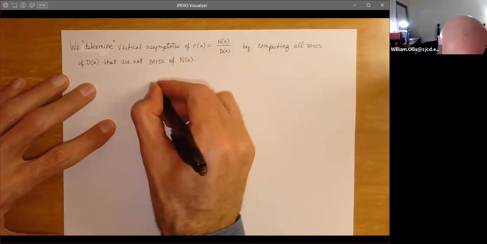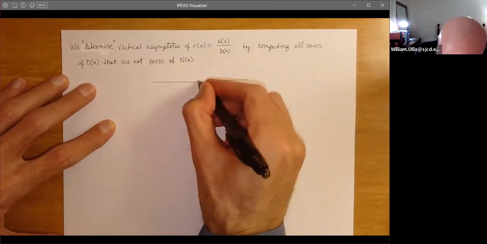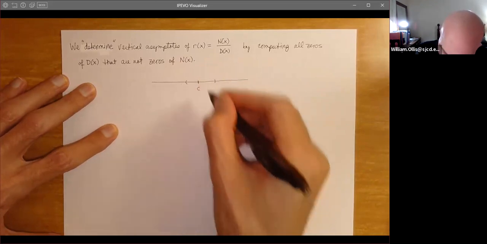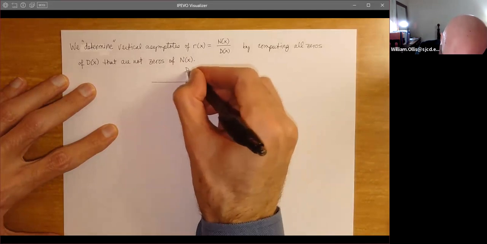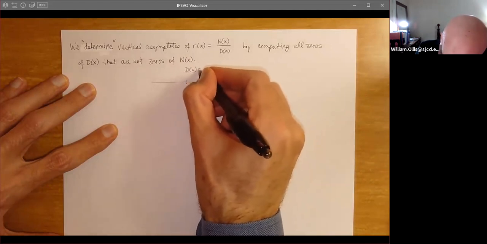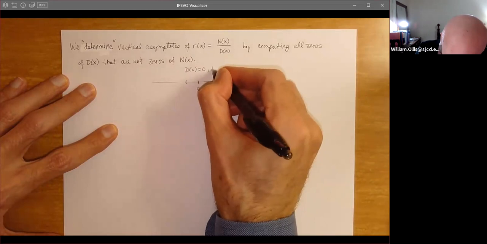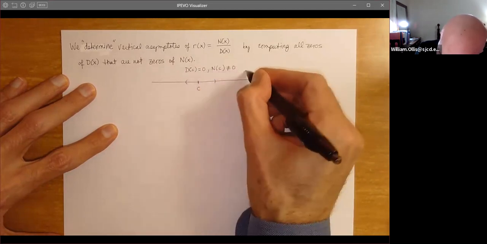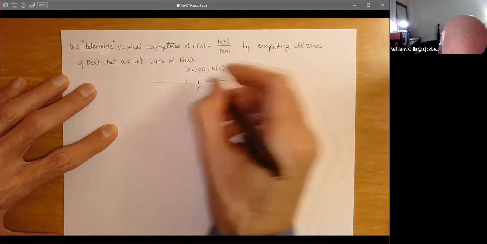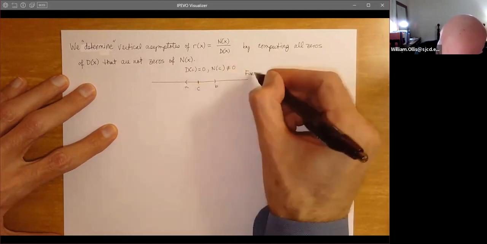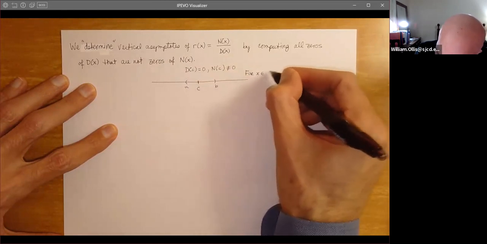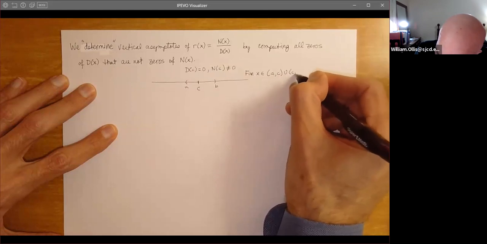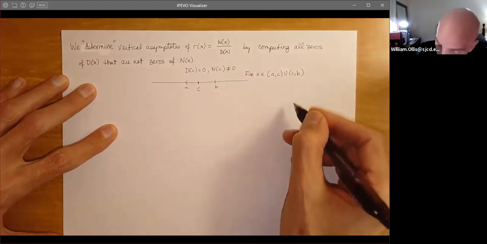So again, when we look at this, we think about having a C and maybe a little interval about it where we know D of C equals 0 and N of C does not equal 0. And then for, and we'll just call this A to B, for X element, and we'll say A to C union C to B. So we're going to just kick out C here.